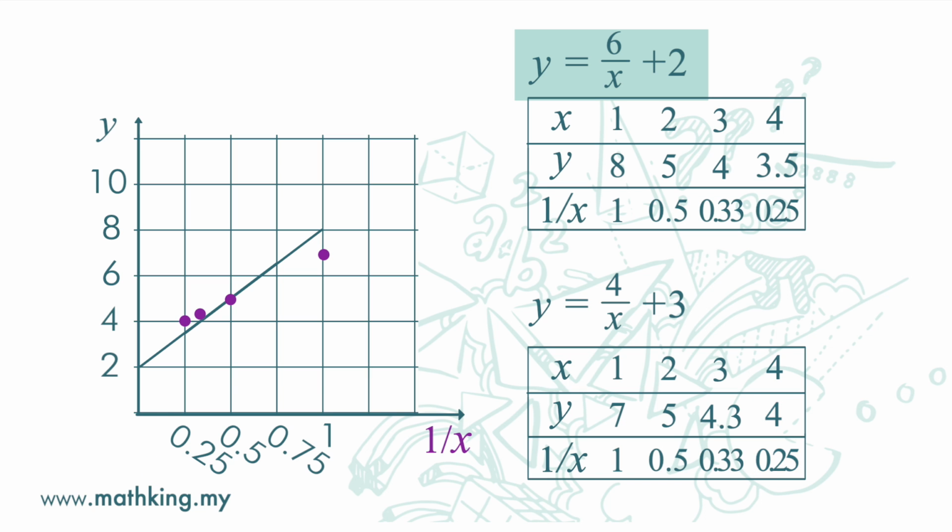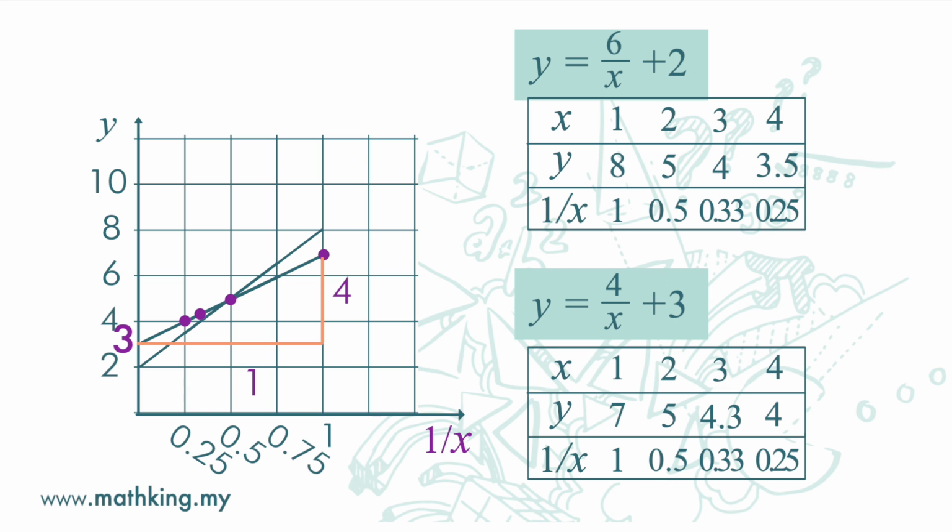We join up all these points and extend the line to the y-intercept. And then we find the gradient of the graph. The gradient is 4. Intercept at the y-axis is 3. So we get the equation of the graph, y equal 4 over x plus 3.